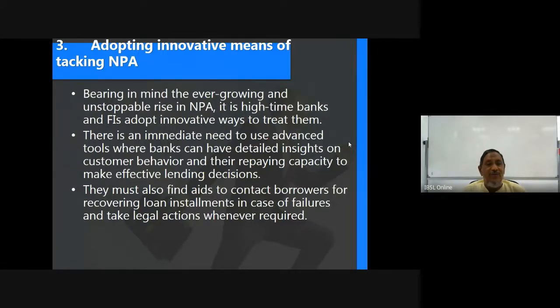They must also find ways to contact borrowers for recovering loan installments in case of failures, and take legal action whenever required. How to keep the customers in contact in case of failure? Specifically, have a closer relationship.